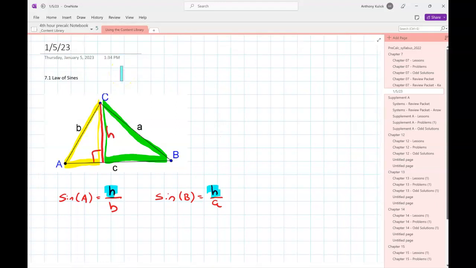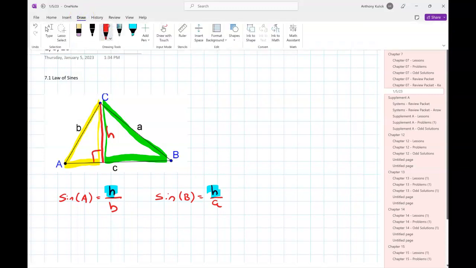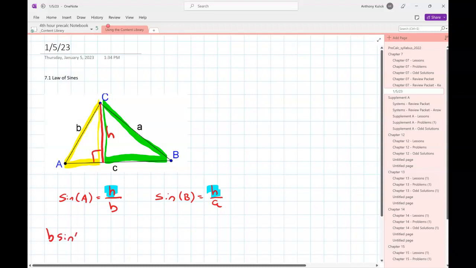My observation here is that, great, look at this. Both of these two equations involve this altitude length h. So I'm going to get the h by itself so I can set these two equations equal to one another. So in my first equation, I'll just multiply both sides by b.